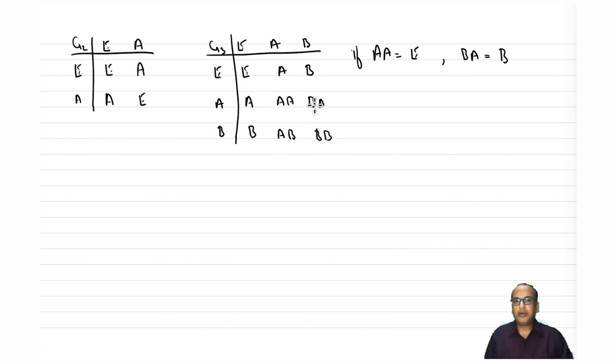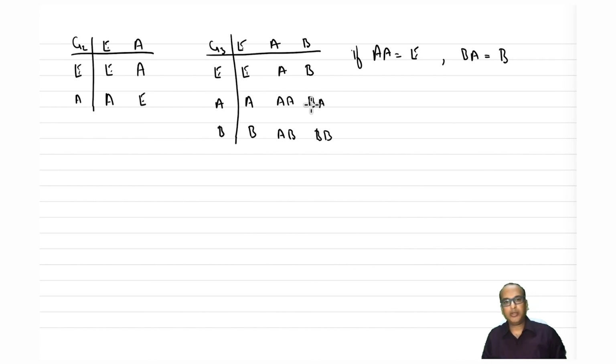But B cannot come here because B is already present in this column, right? Two rows or two columns cannot have the same element in the same place. So if I put E here, this has to be B, and you cannot have two B's in the same column.